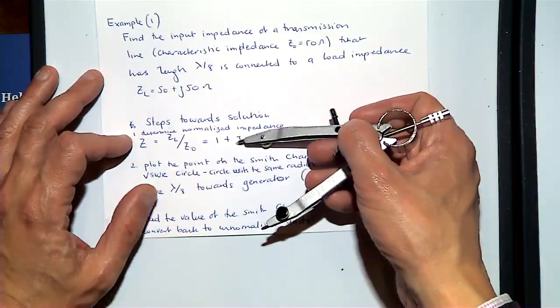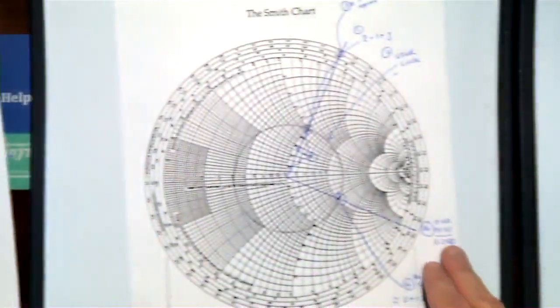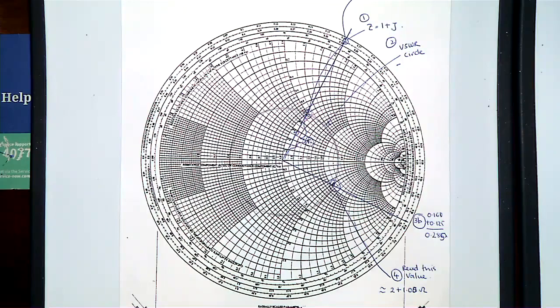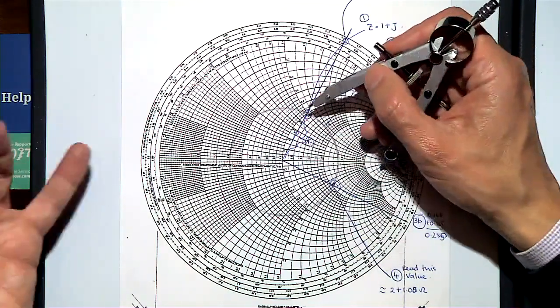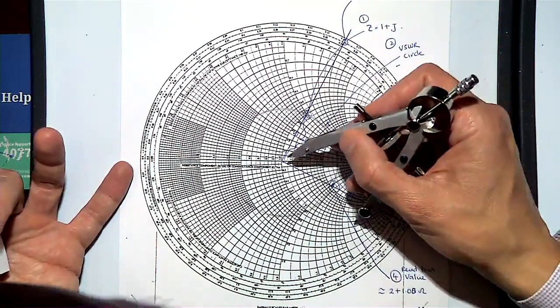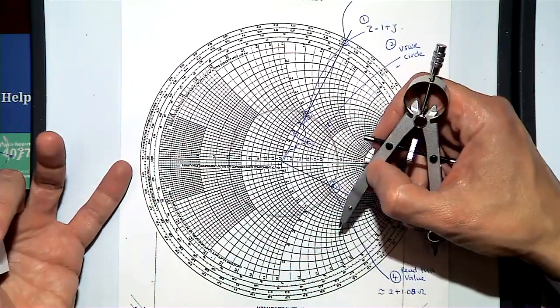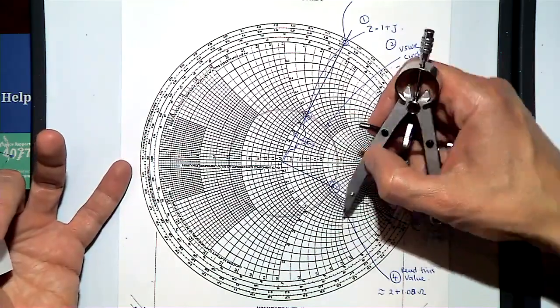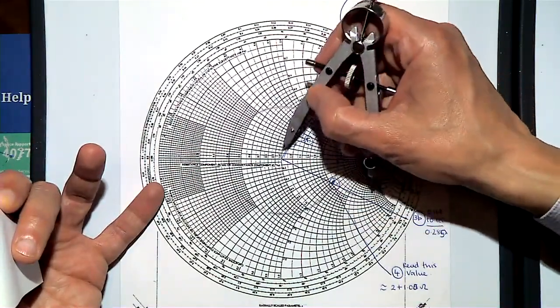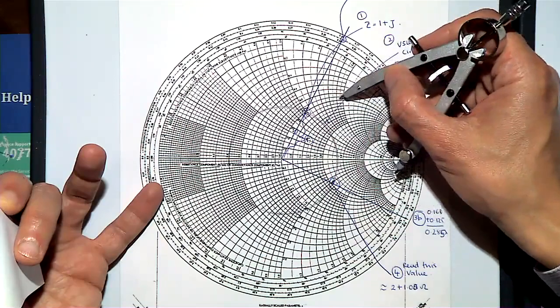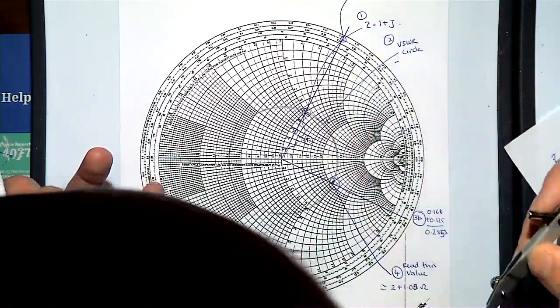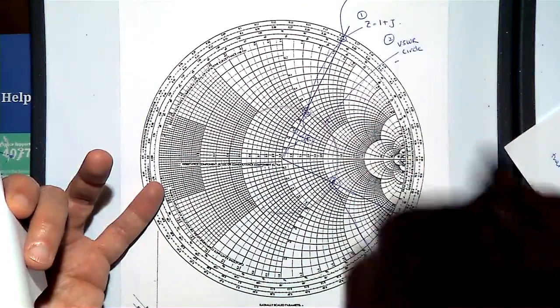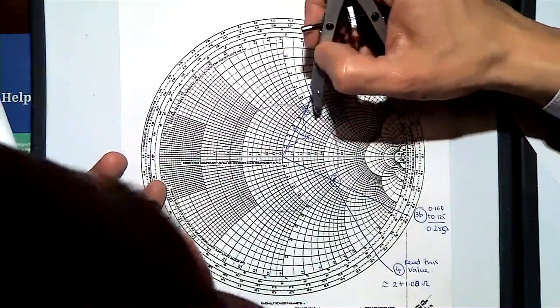j. Right? Now, in order to work out where 1 plus j is, we look at our Smith chart and say, well, the real component is what? 1. So let's look at the circle of r equals 1, and find where it intersects with the circle of the imaginary component, 1j.